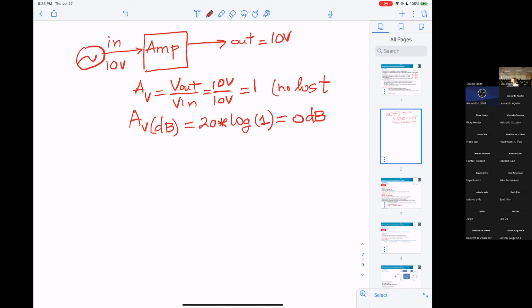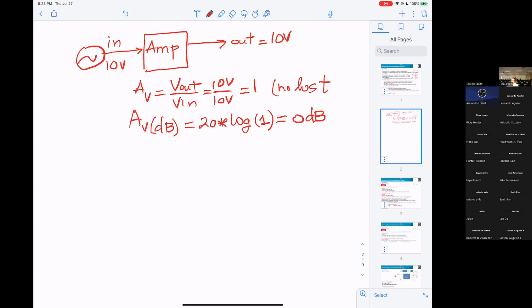So basically 0 dB means no loss. In and out will be the same, either voltage or power or current. So that tells you, if you take the log of 1, you get 0.